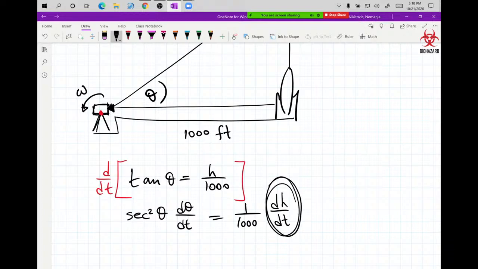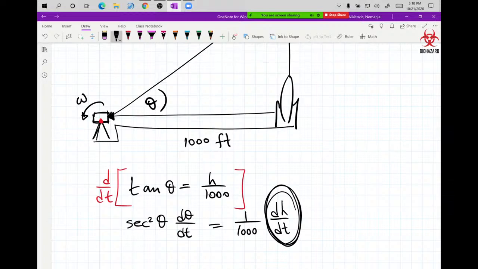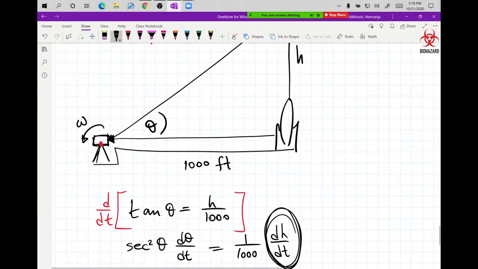What is dh dt? The height and... what is it? I forgot. Well, what's h? That would be the height of the rocket, right? h is the height of the rocket. So what is dh dt then?